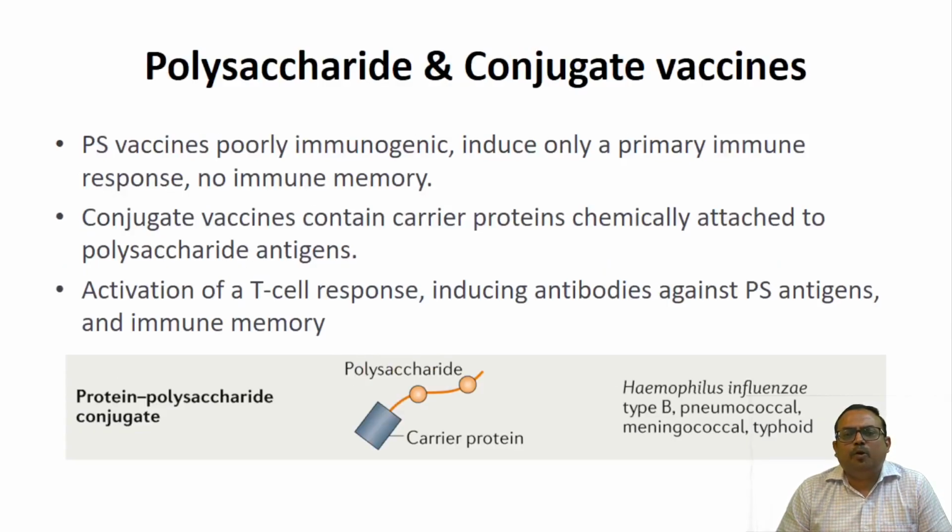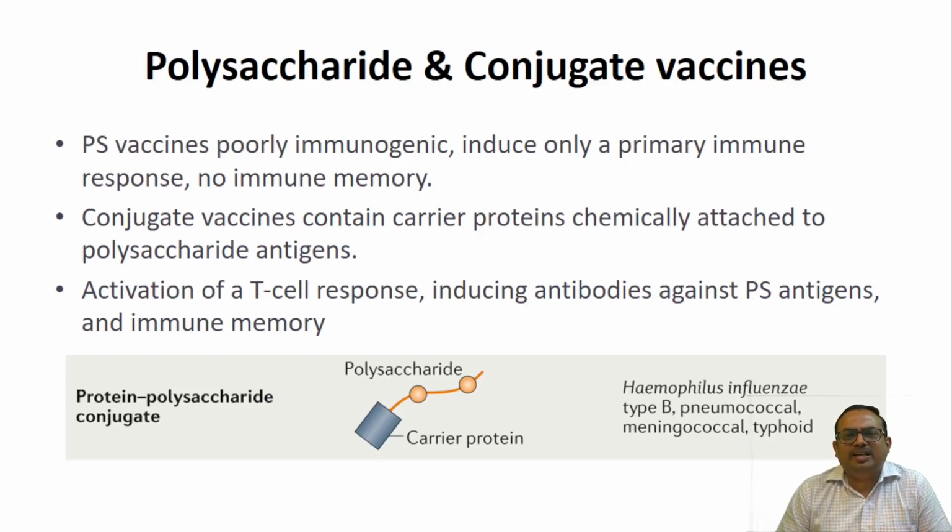Now coming to the polysaccharide and conjugated vaccines. The polysaccharide itself has poor immunogenicity because it induces only the primary immune response and fails to induce immune memory. So it is usually conjugated with a carrier protein.